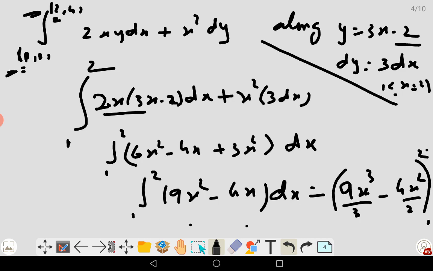This is 3x cube minus 2x square. For the upper limit, x is 2: 3 into 8 minus 2 into 4, minus the lower limit, 3 minus 2. So 24 minus 8, minus, okay, I will solve it differently. Simplify, you have to simplify, that's it.